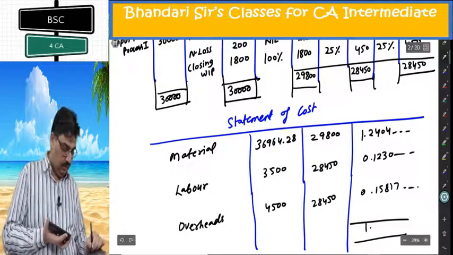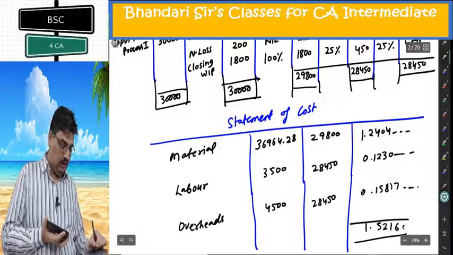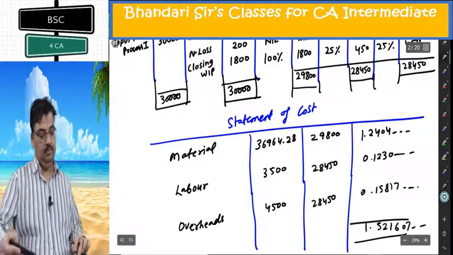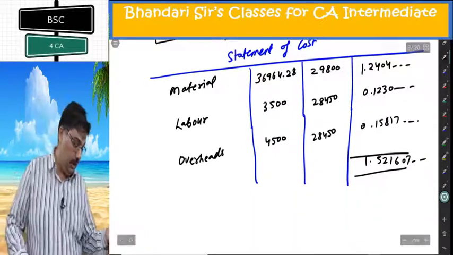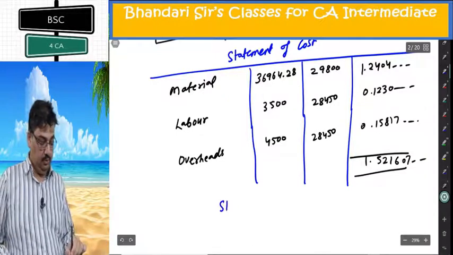The total I am getting is 1.521607 dash dash dash. This is the complete statement of cost. Again, two evaluations and after that the process account.